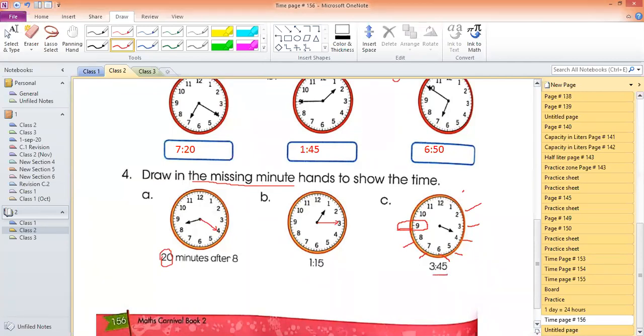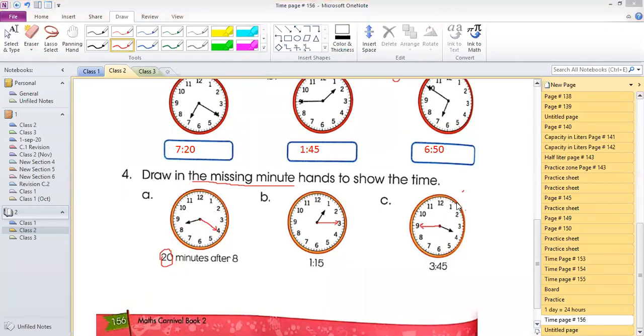So 3:45 means you should draw a hand on 9. So you will draw a hand from here to 9. Clear, guys?